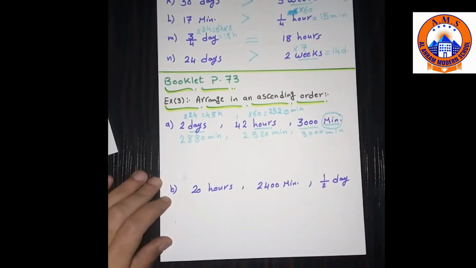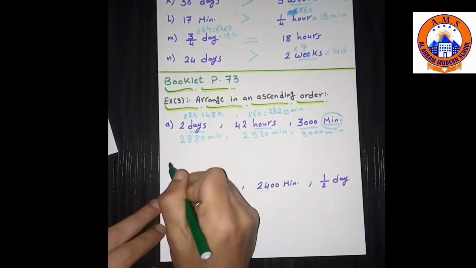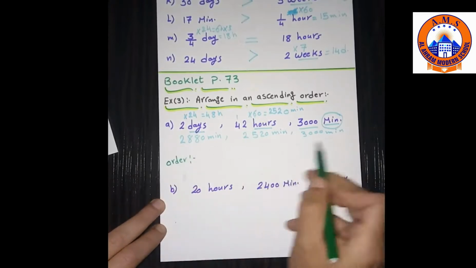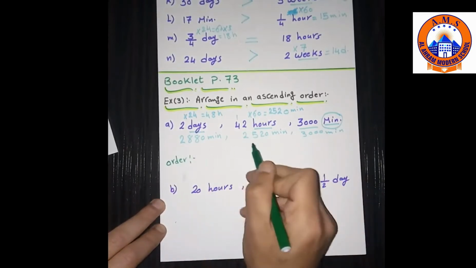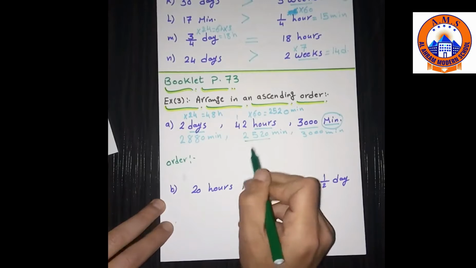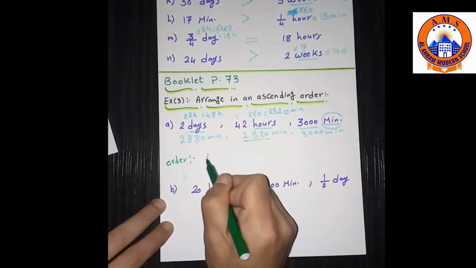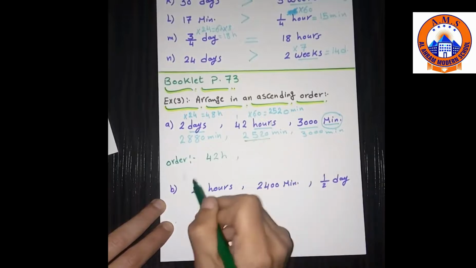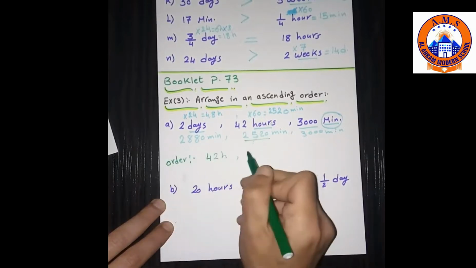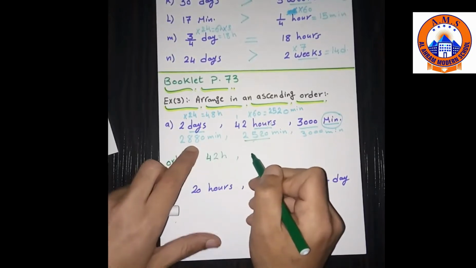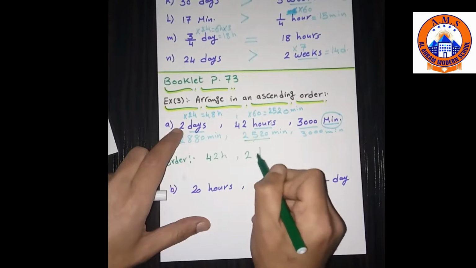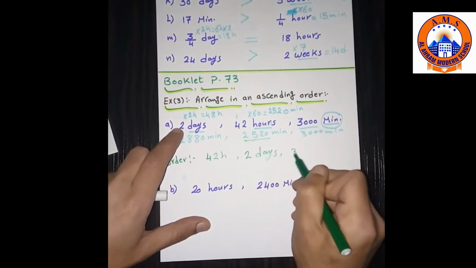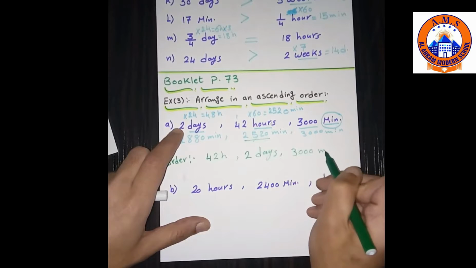So the order in an ascending order will be: the least one is 2,520, which was 42 hours. Then I'm gonna choose 2,880 minutes, which was 2 days. And the last one is 3,000 minutes.